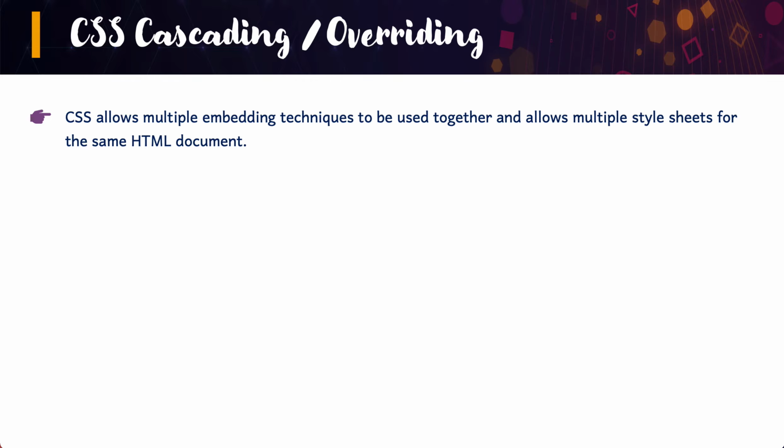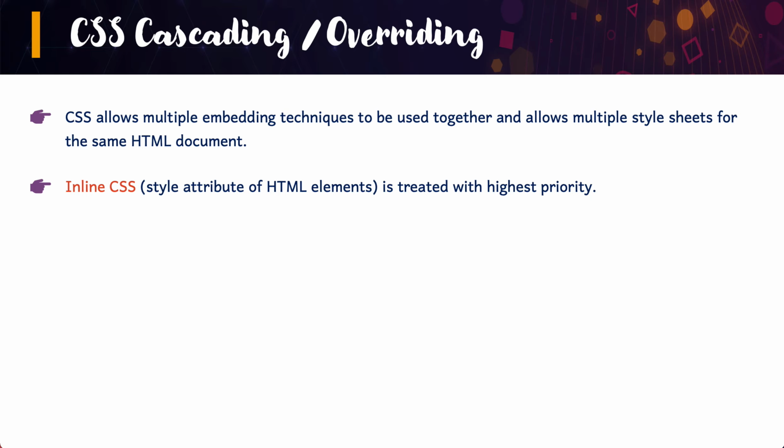Then the obvious question is, what if I have the same style defined differently in each of the linked CSS files or inline CSS or whatever technique that we are using? This is called conflict of styles. Then CSS defines a mechanism in which the conflicts can be resolved.